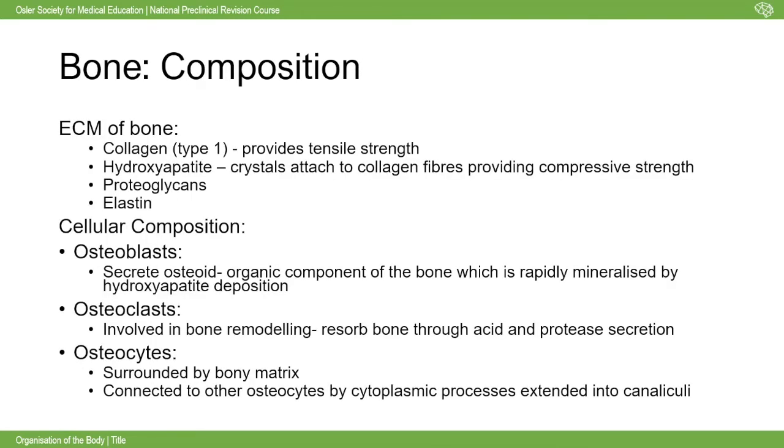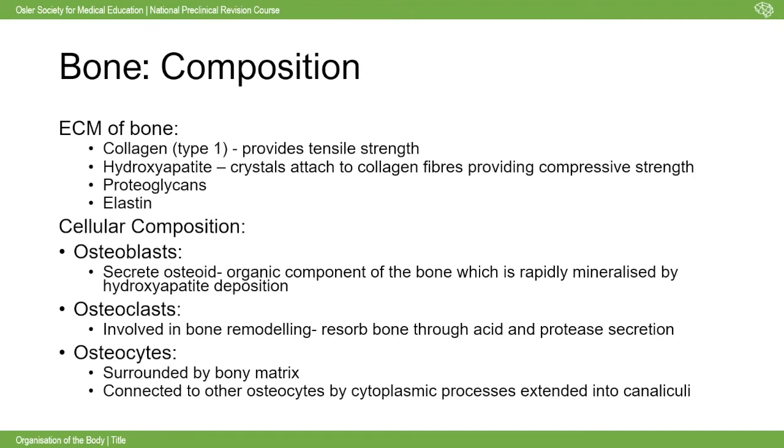So now moving on to our other connective tissue that we'll be looking at in detail. This is bone. The ECM of bone is composed of collagen, type 1 collagen this time, which provides tensile strength. If you denature the collagen within bone by applying heat, you'll find that the bone is really brittle. So we can tell that it's providing tensile strength.